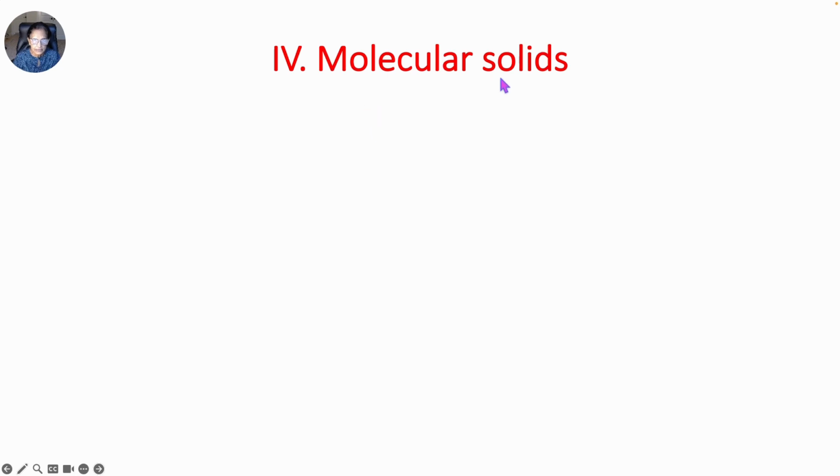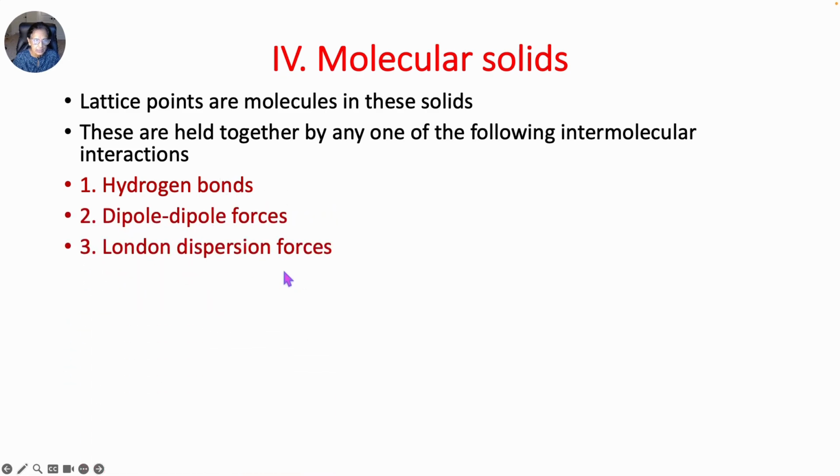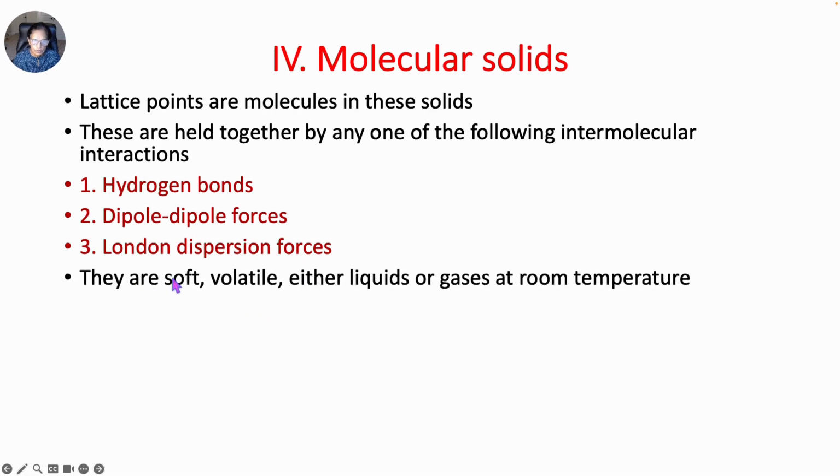Let's see the fourth category, molecular solids. Lattice points are molecules in these solids. That's why they are called molecular solids. These are held together by any of the following intermolecular interactions. What are the interactions? 1. Hydrogen bonds, or they can have dipole-dipole forces or London dispersion forces. They are soft, volatile.